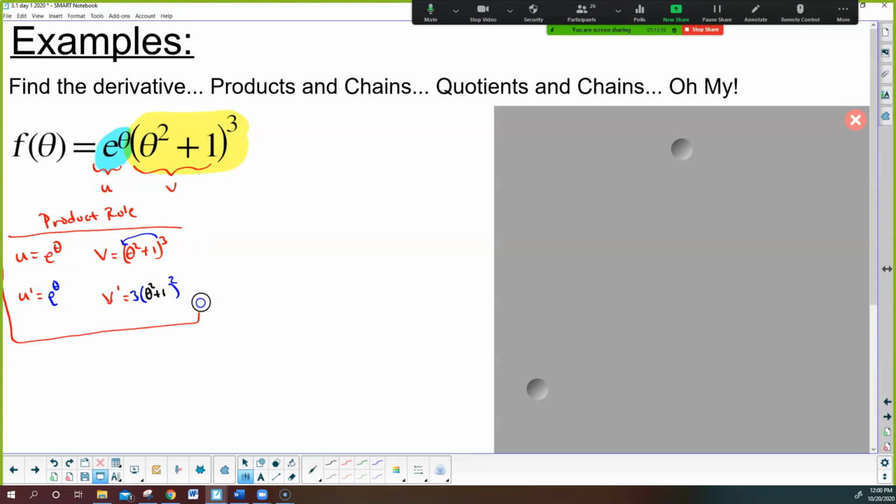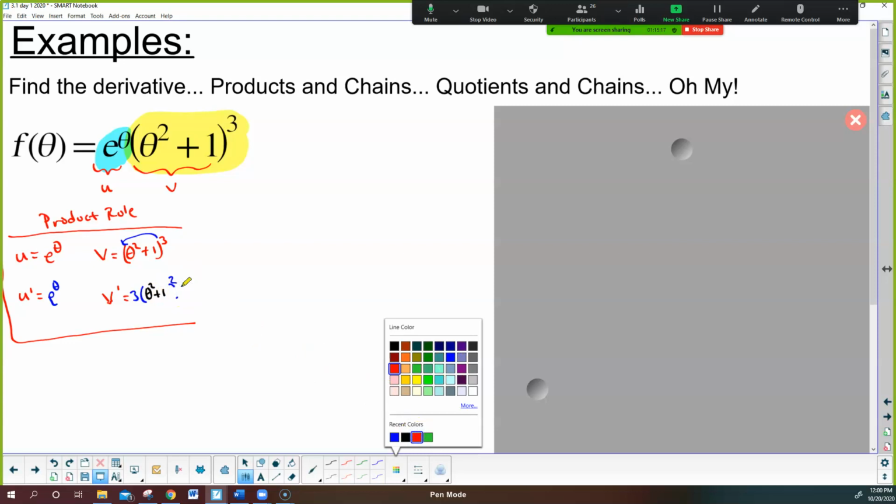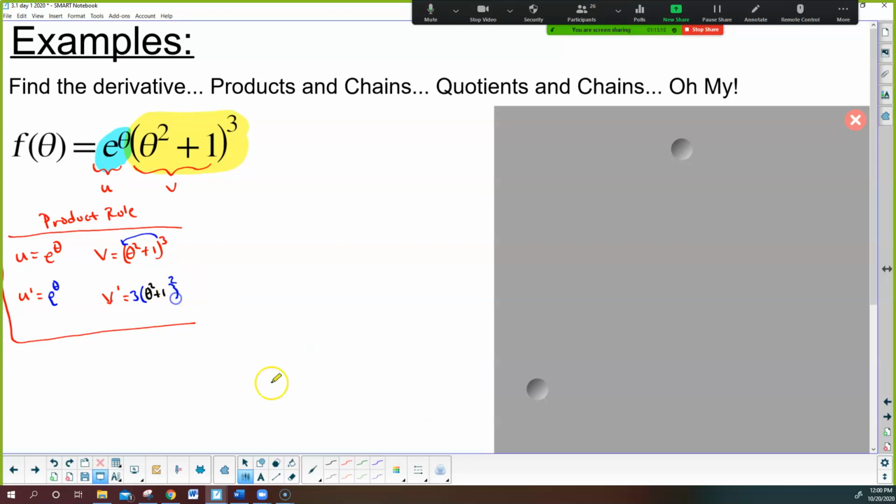And then my last part is to apply the chain rule. So now I have to times by the derivative of the inside. So what's the derivative of 2 theta, or excuse me, theta squared plus 1? Well, the 2 comes down, and we get 2 theta.